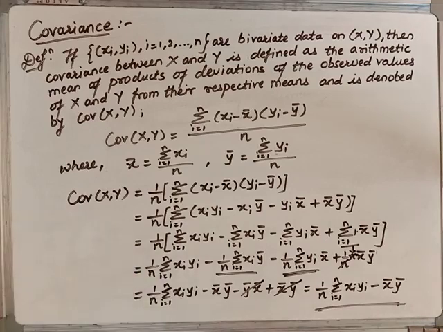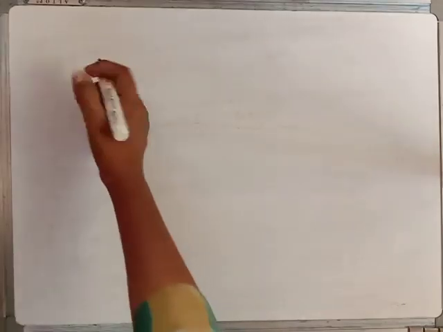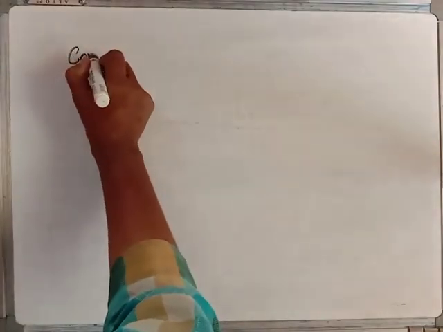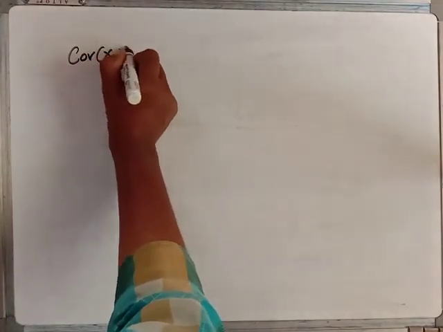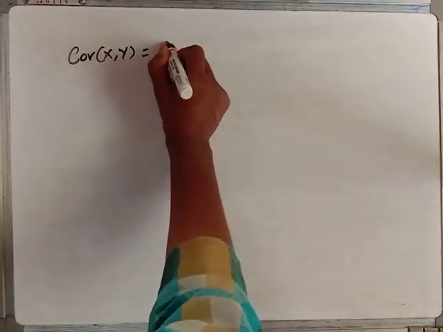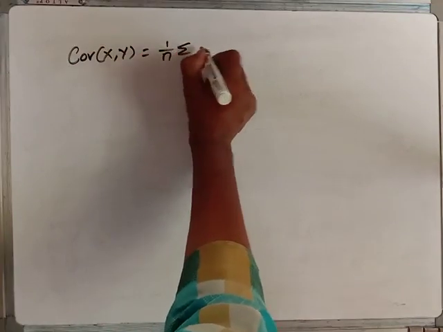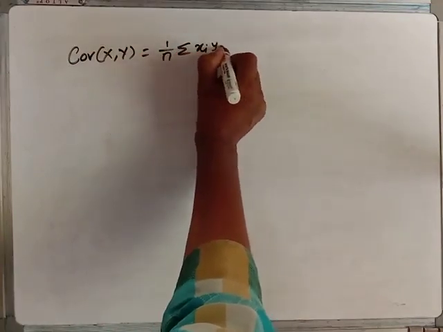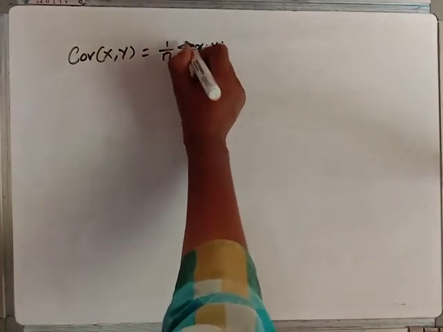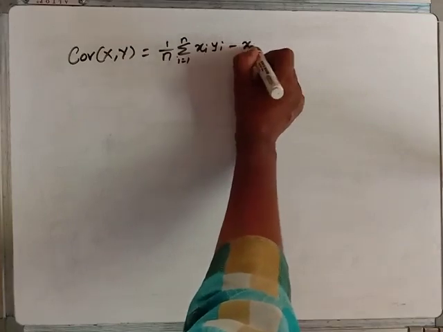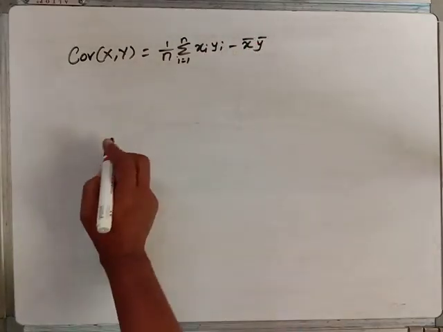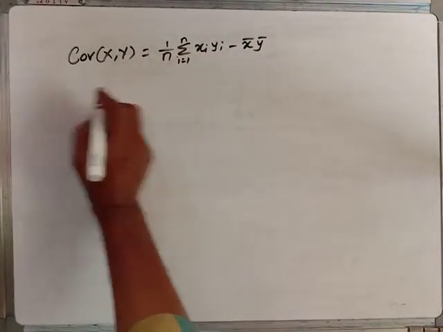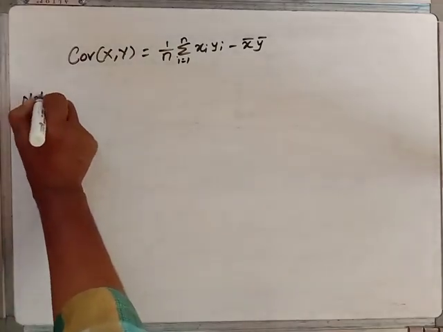Now let's see a few notes on covariance. What we have seen, covariance between x and y is what? 1 by n summation xi yi, i goes from 1 to n, minus x bar y bar. So here, let's see a few notes on it.